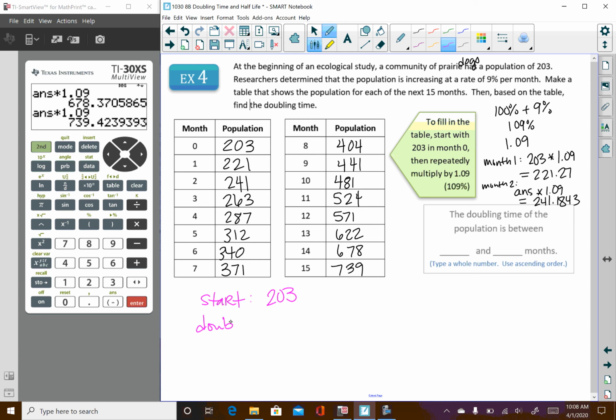So double that would be 406, and we just need to figure out where on our table 406 fits in. And it looks like to me it's fitting in between the 8th and the 9th month. So the doubling time is between 8 and 9 months. And you'll just type in two numbers there into MyMathLab, and it does want you to do it in ascending order, so don't do it reversed.